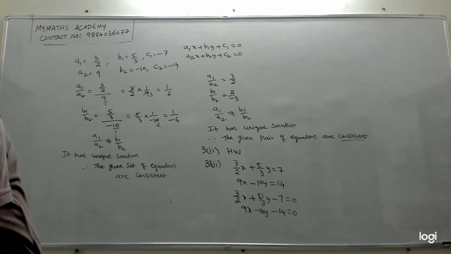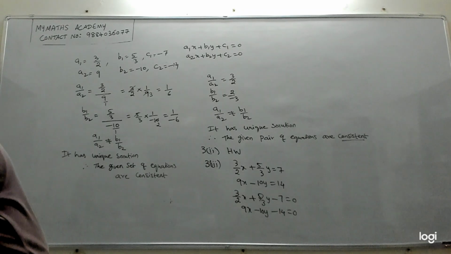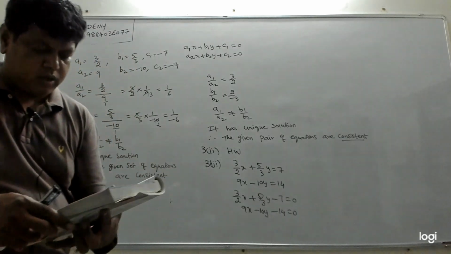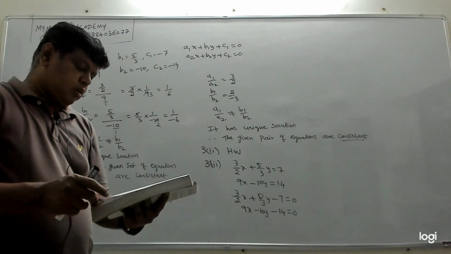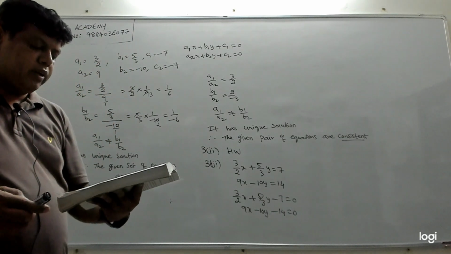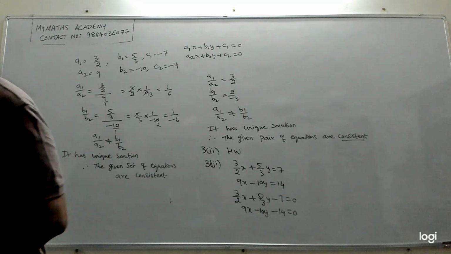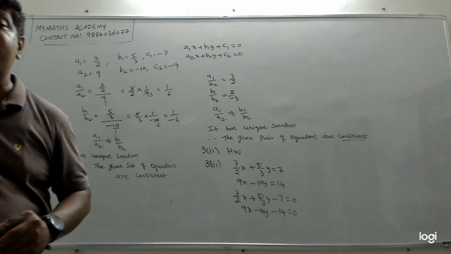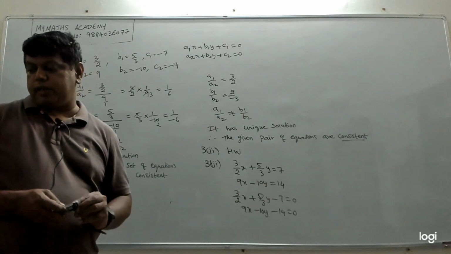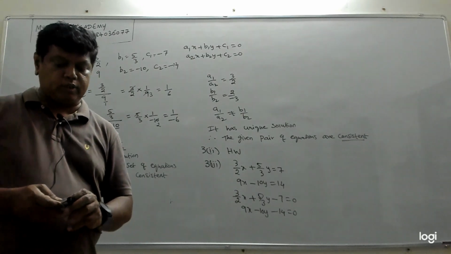Fine. And next one is the fourth question. Which of the following pairs of linear equations are consistent or inconsistent? If consistent, obtain the solution graphically. I think you can do this fourth also as homework.